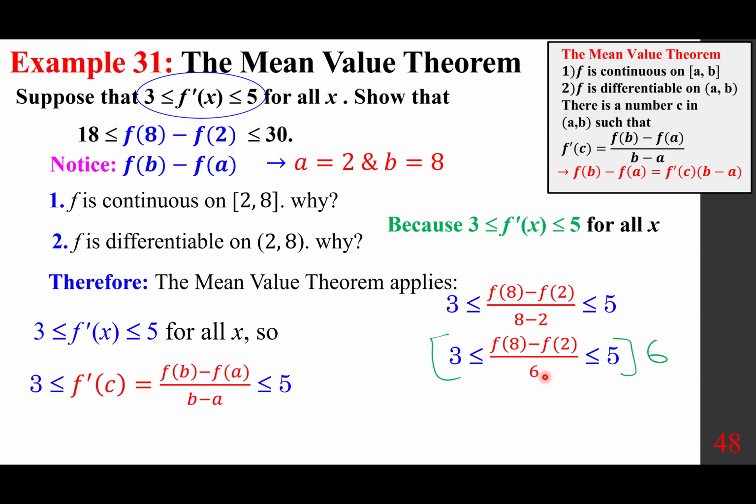This one, the denominator goes away. This one becomes 30. And that's exactly what we have here. We just proved that f of 8 minus f of 2 must be between 18 and 30. We just proved that, everybody.